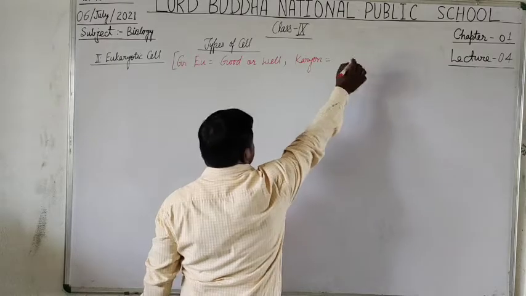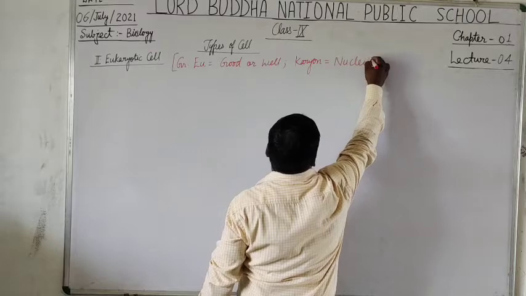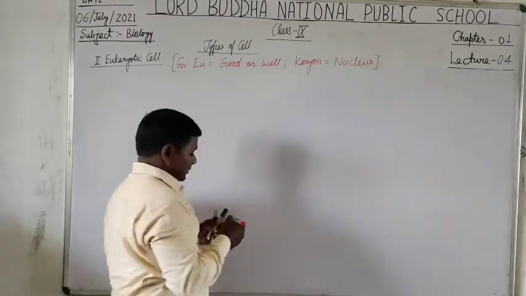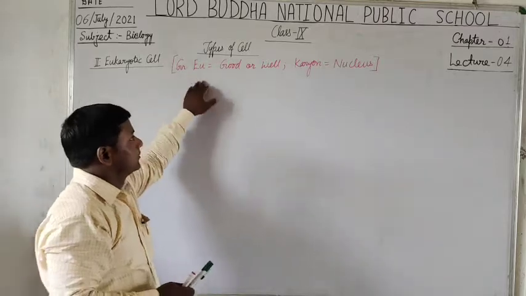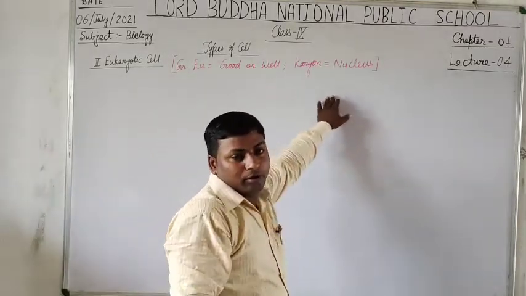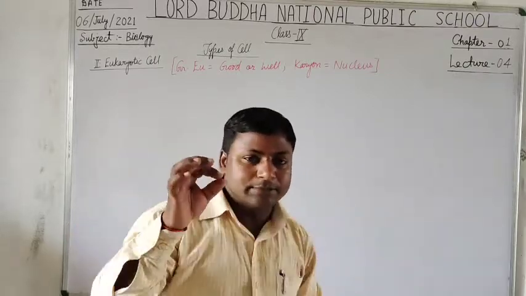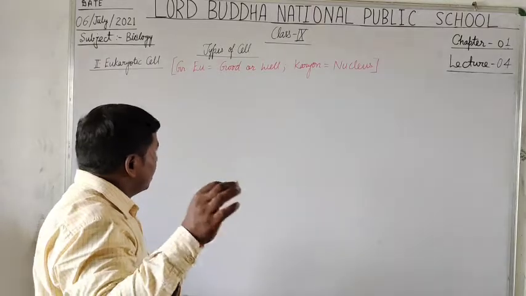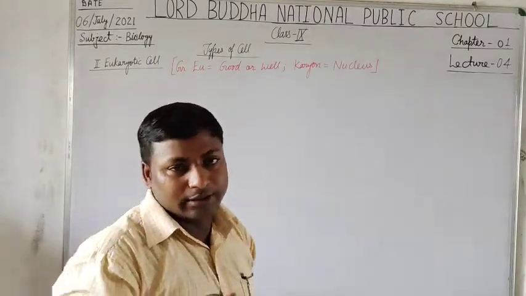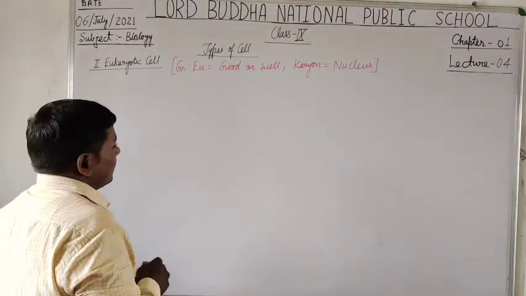Karyon means nucleus. Thus, the term eukaryotic means well-developed type of nucleus. The types of cell which have a well-developed type of nucleus are known as eukaryotic cell.